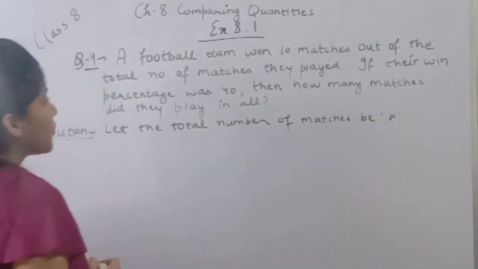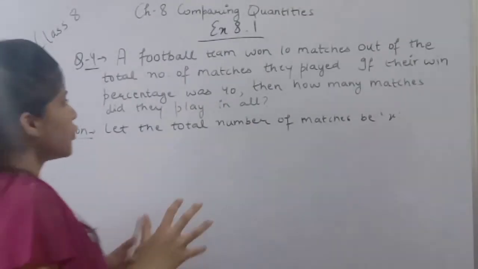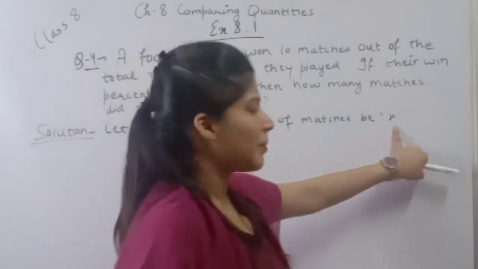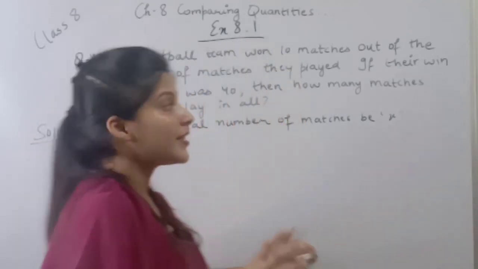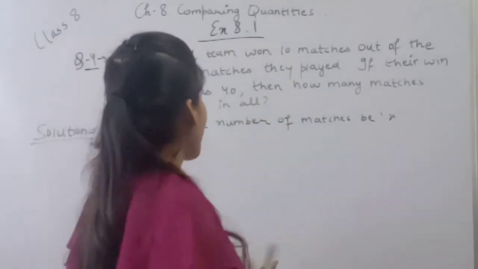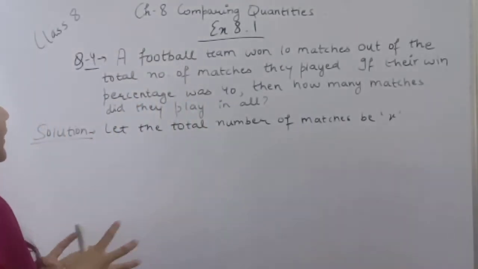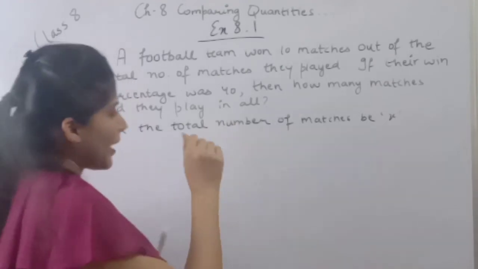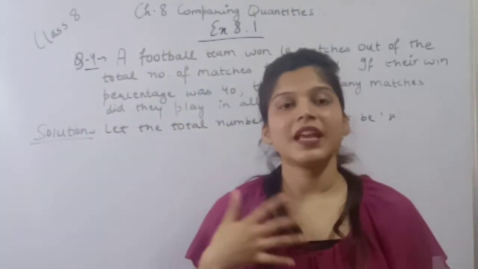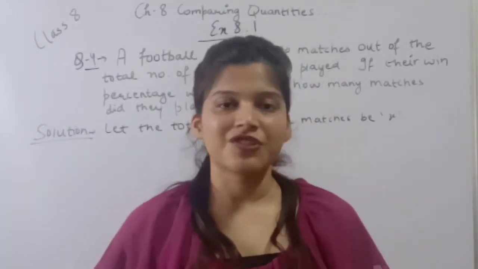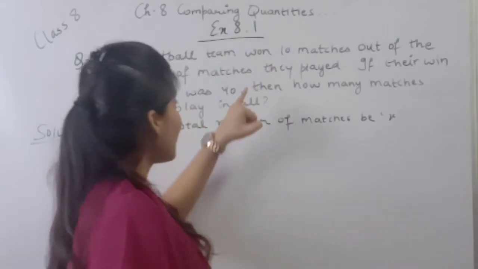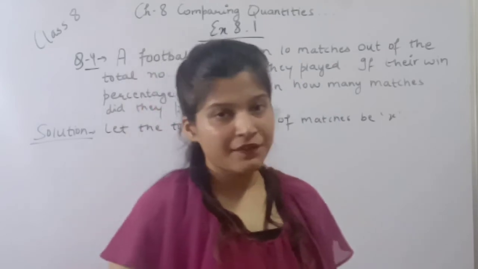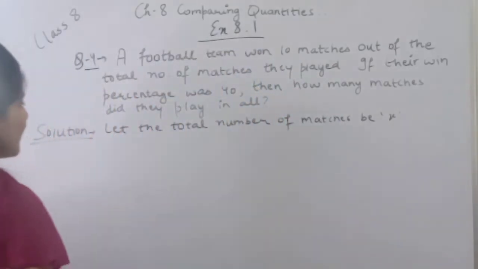Now from x, 10 matches they won. Okay, so if their win percentage was 40, it means out of a total of 100%, they have won 40% of the matches. So it means the number of matches won is also given, and it is also given in percentage.